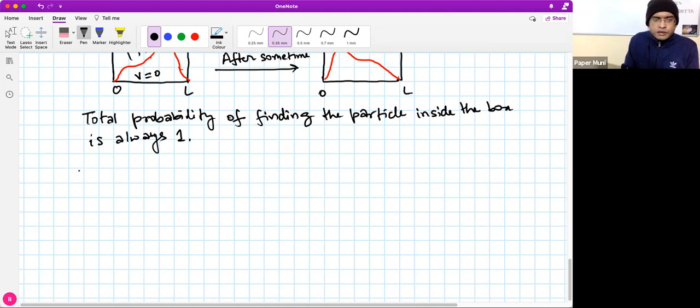Now, with the Schrodinger equation, we'll derive the probability current density. Probability current density derivation.